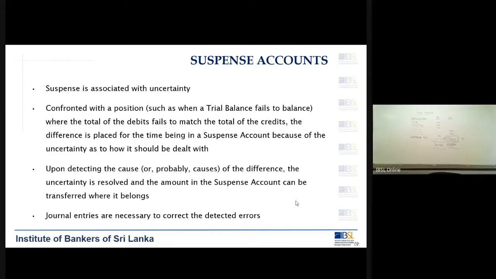And there could be instances where a debit will go to the suspense account and the credit will go to any other account from your list of balances. So ultimately, the suspense account balance will become 0. And that is the point where you can proceed to prepare the financial statements.